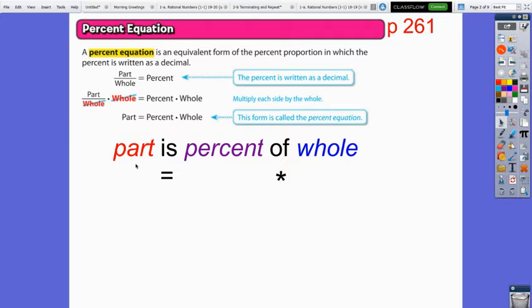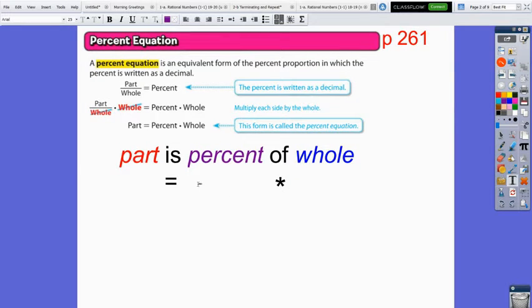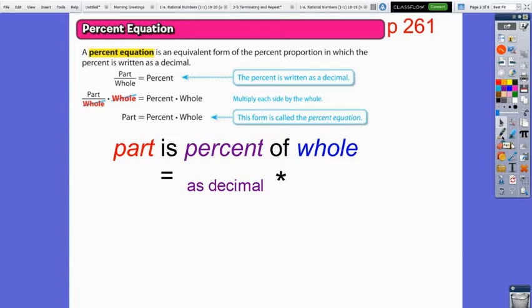So any percent problem can be reworded to match the percent equation, and the "is" in that sentence is the equal sign. The percent is written as a decimal, critically important, right? That's the thing you cannot forget, that the percent is a decimal when you are using the percent equation. And the word "of," as it does with all percents and fractions, means multiplication.